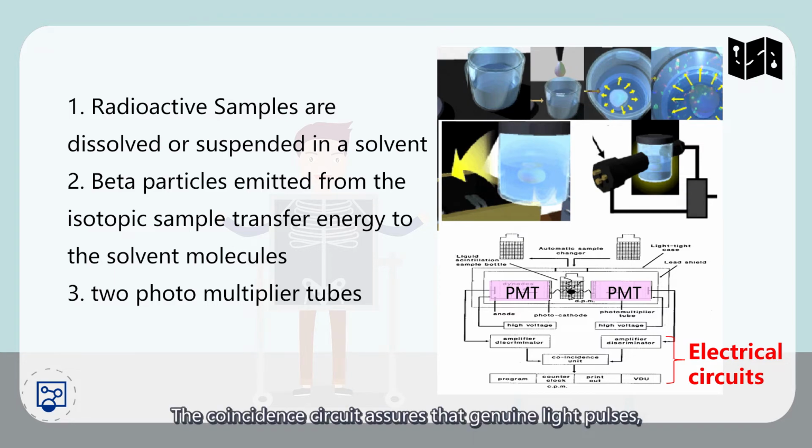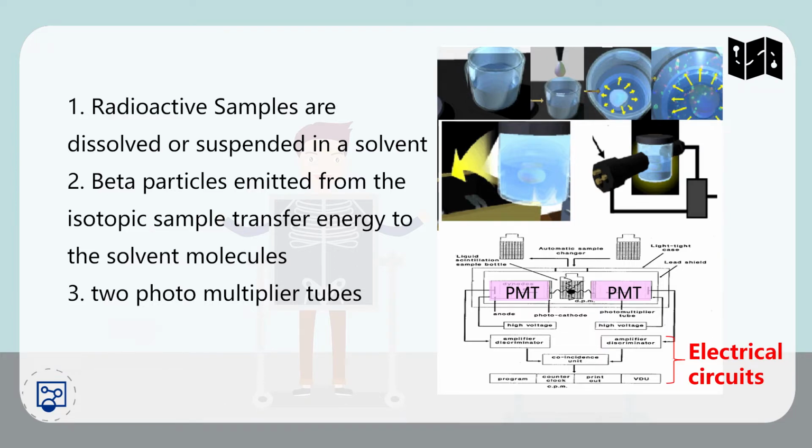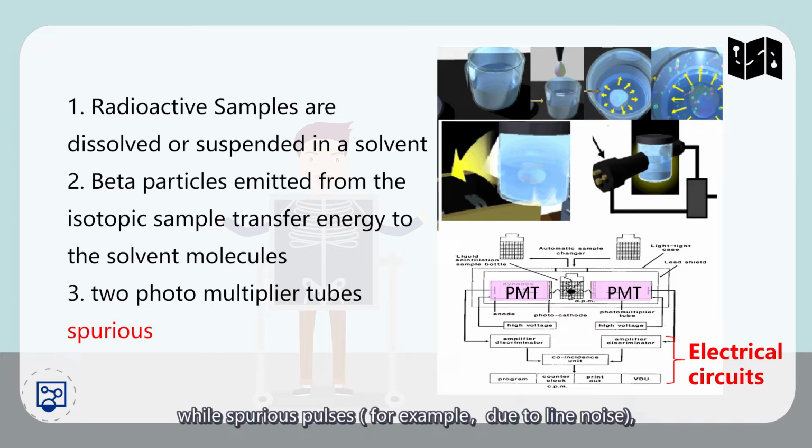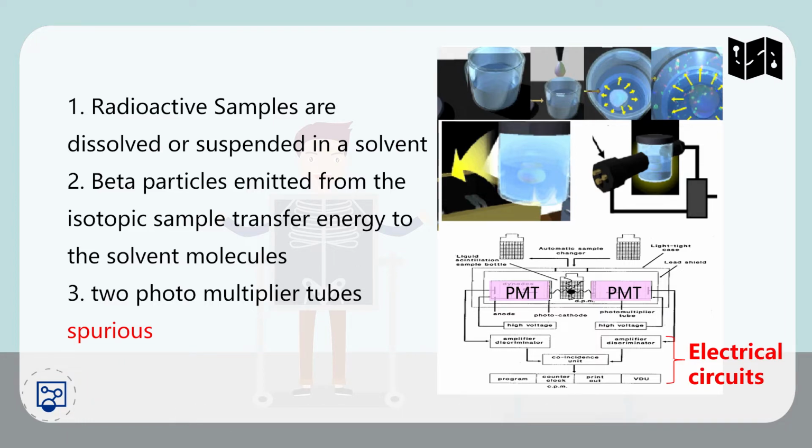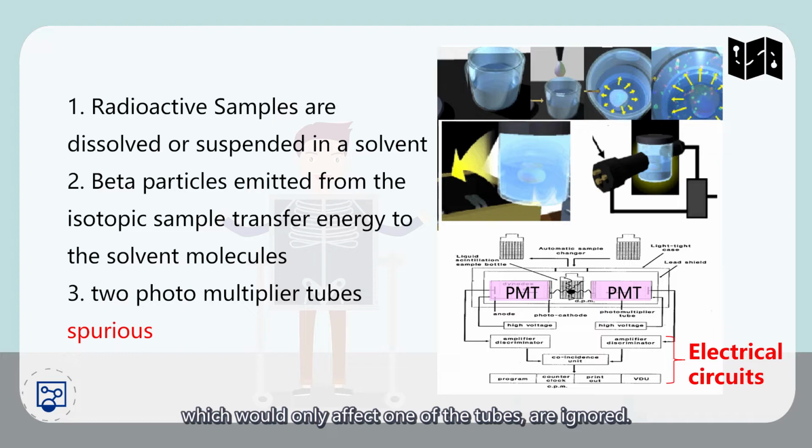The coincidence circuit ensures that the genuine light pulses, which reach both photomultiplier tubes, are counted, while spurious pulses, such as line noise, which would only affect one of the tubes, are ignored.